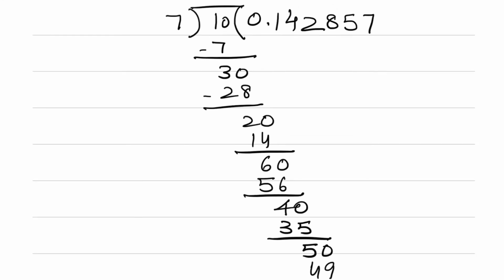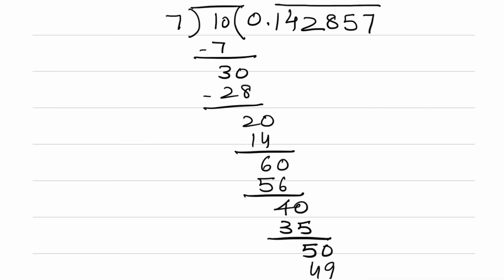So this process will again repeat because it has again come to 10. So now it will keep on repeating like that. So all these decimal places will repeat or recur.